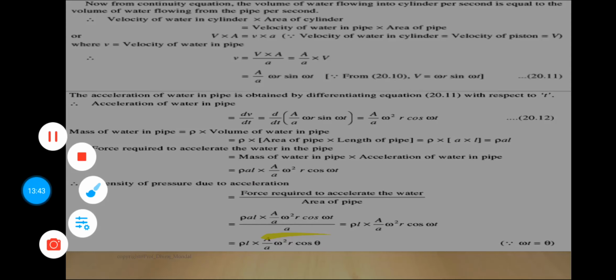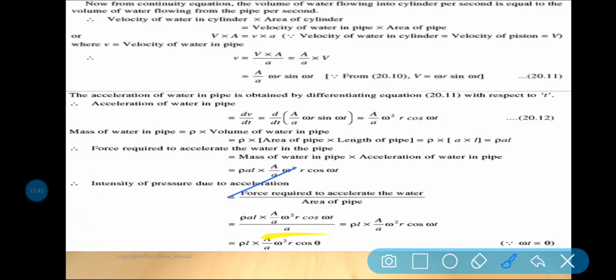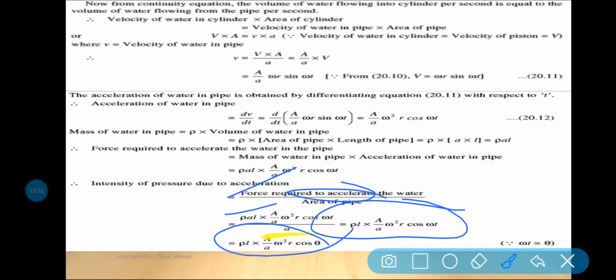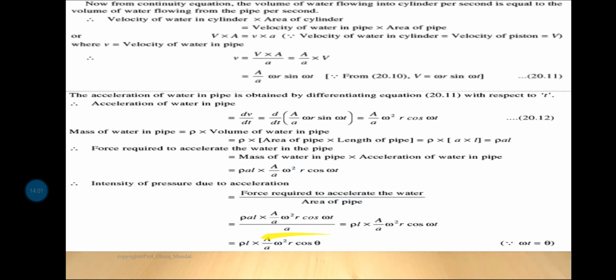Now put the value of force required to accelerate the water, that is rho AL, A by a omega square r cos omega t, by small a, which is the area. So ultimately the equation is rho L into A by a omega square r cos theta. Why have I written theta? Because we know that theta is equal to omega t. So this omega t is replaced by theta.